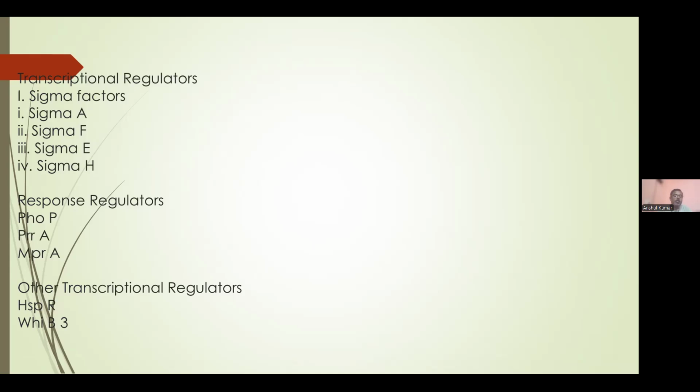Then comes the response regulators, that is PHOP, synthesized by RV0757, PRRA, RV0903C, PRRB. Then comes the MPRA, that is RV0981. Then other transcription regulators are HSPR, synthesized by RV0353, and YBR, RV3416.